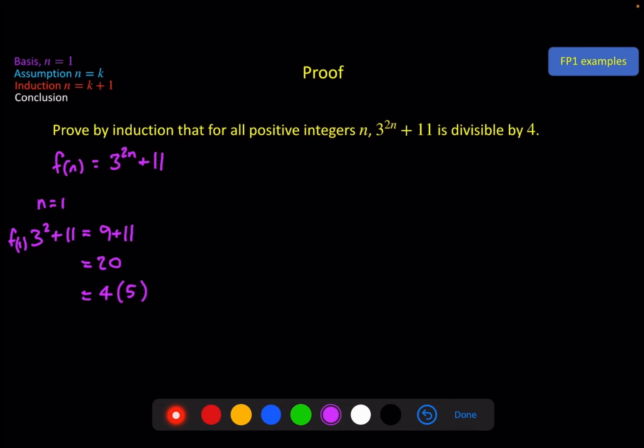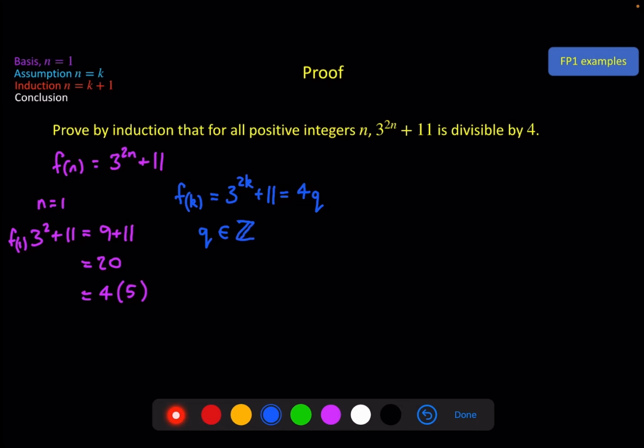For the assumption step, now I can replace the n with a k and write f of k. And that will be 3 to the 2k plus 11. And our assumption here is not that, that's not the assumption. The assumption is that this is divisible by 4. So what I'm going to write is this is equal to 4, and then you can choose another dummy variable, let's say q, where q must be an integer.